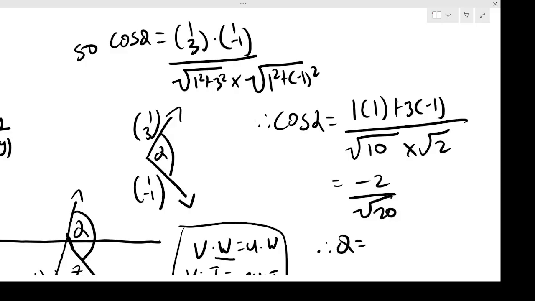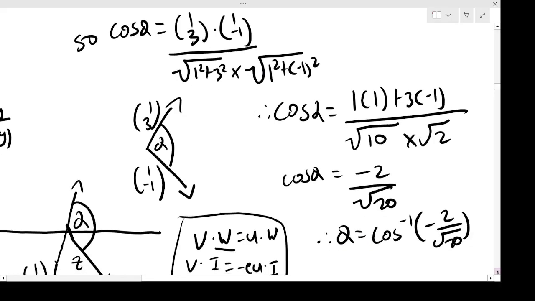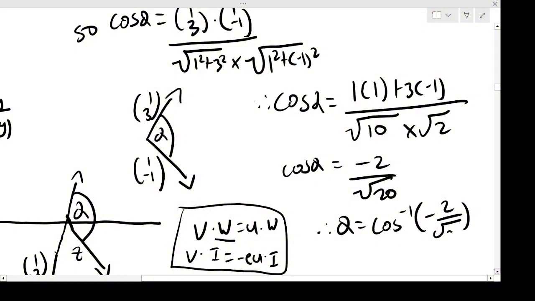Therefore, that's cos alpha, right? So then if I just do inverse cos of that, that will get me that alpha is 116.565 and so on degrees, right?